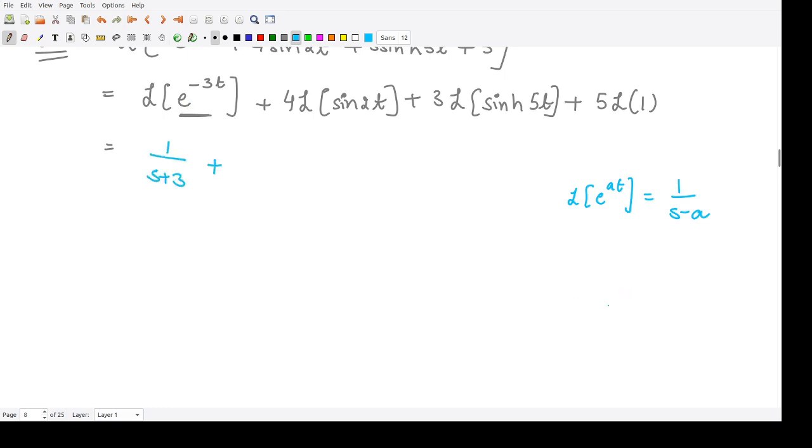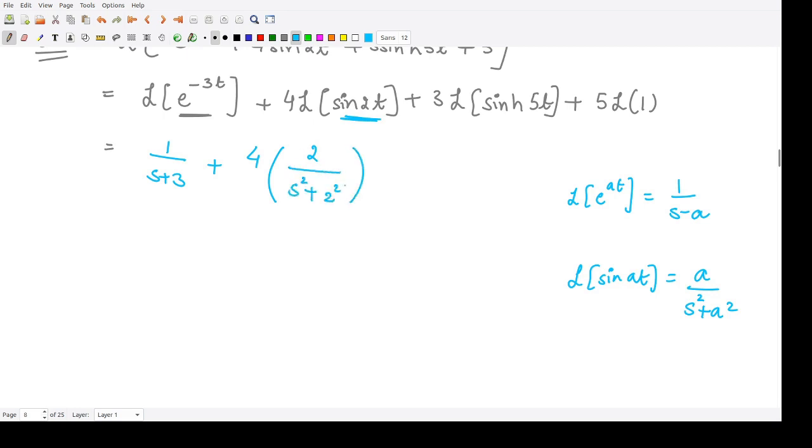Then the Laplace transform of sine at is a divided by s square plus a square. This is 4 as such, and here a is 2, so we have 2 divided by s square plus 2 square.